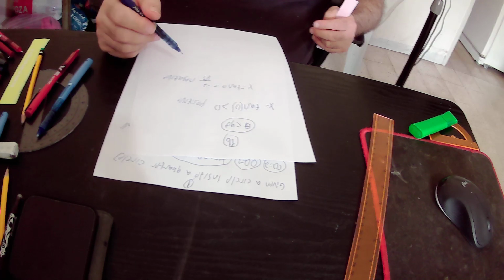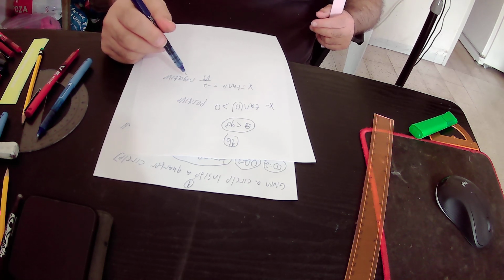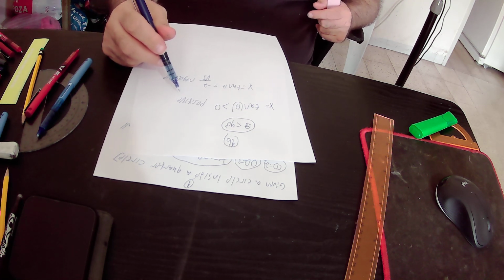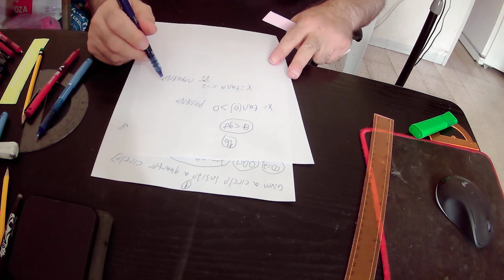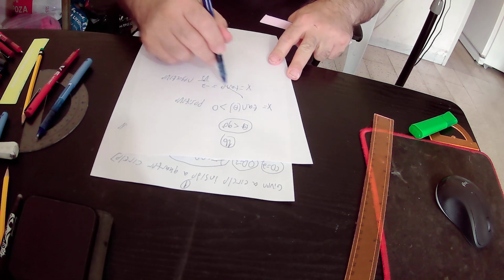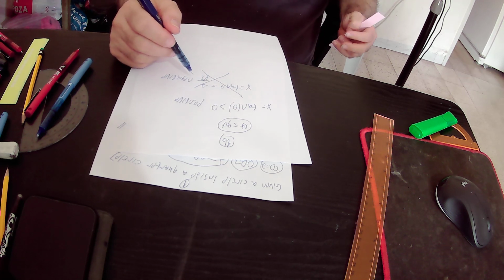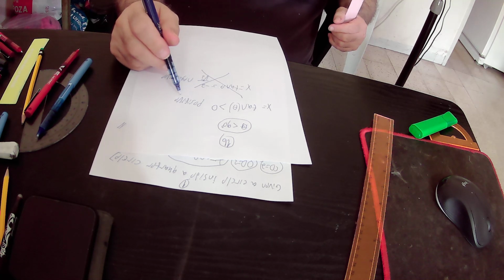So there is a contradiction. X cannot be a negative number because it must be a positive number. So this answer, x equals minus 2 over root 2, is incorrect, because x must be a positive number.